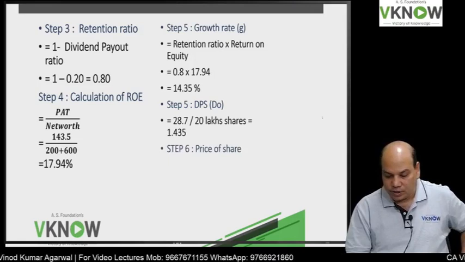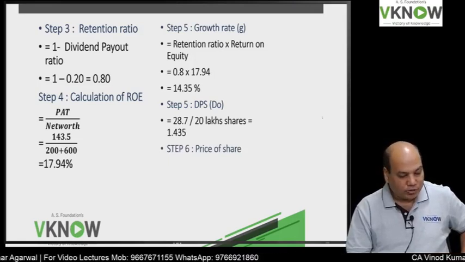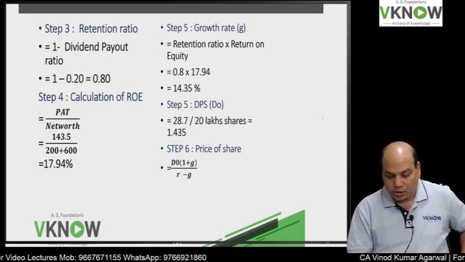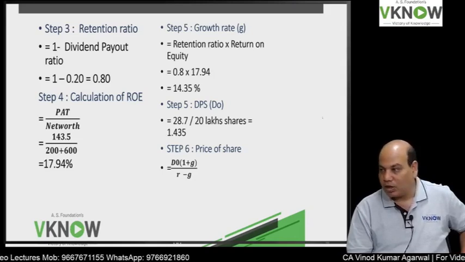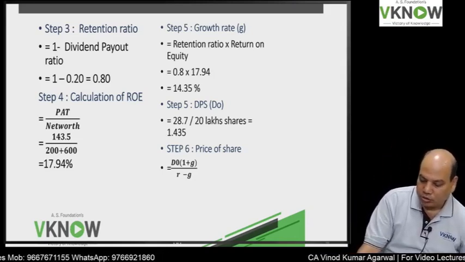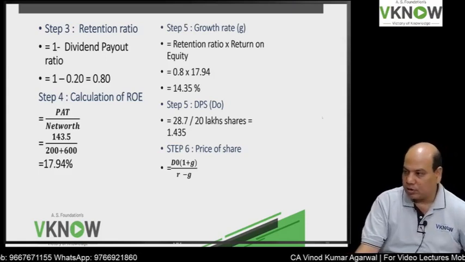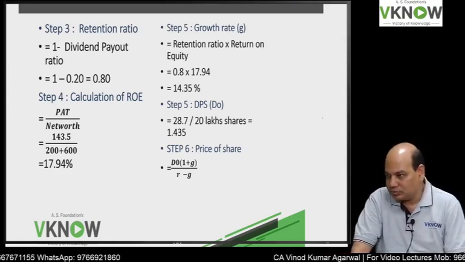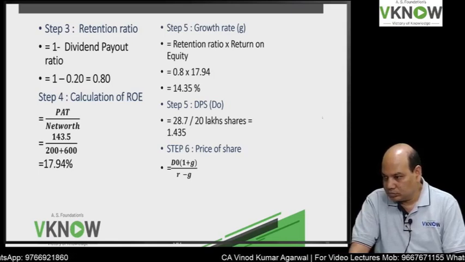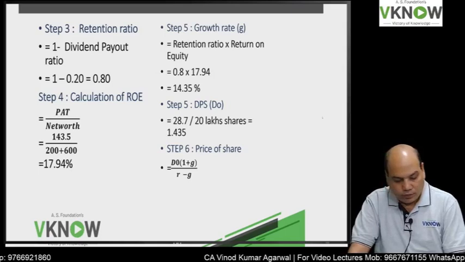Step number 6, price per share. They are asking you to use dividend discount model. So the dividend discount model is D0 into 1 plus G upon R minus G. Solve.